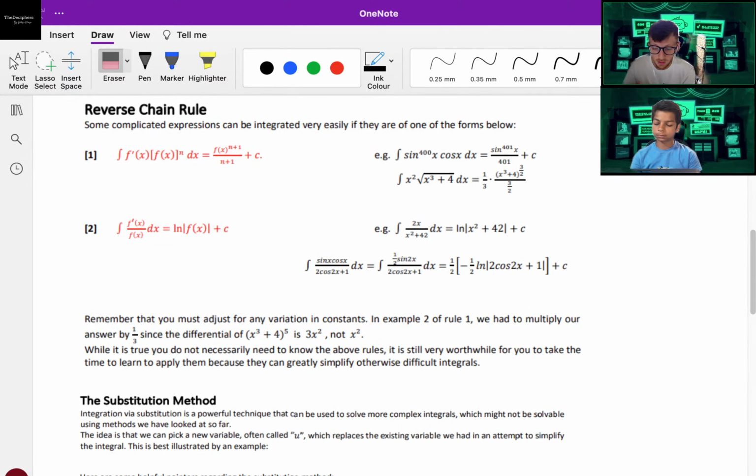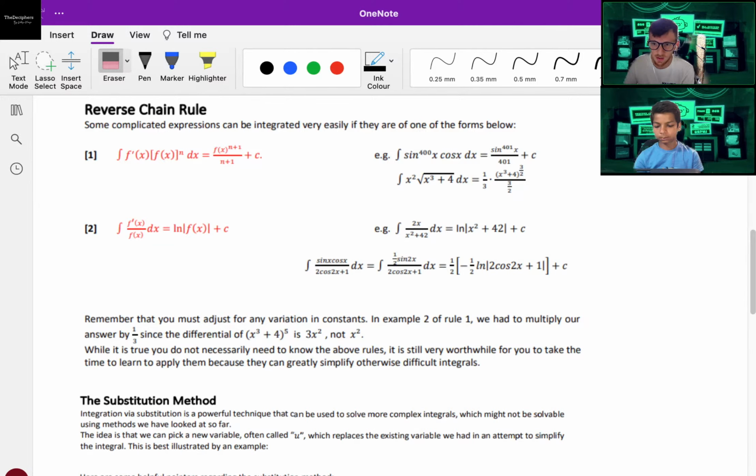Another good form of the reverse chain rule to look out for is if you have something of the form f prime x over f of x, where the numerator is some multiple of the derivative of the denominator. Then that can be integrated using the reverse chain rule, using the fact that ln f of x differentiates to f prime x over f of x.